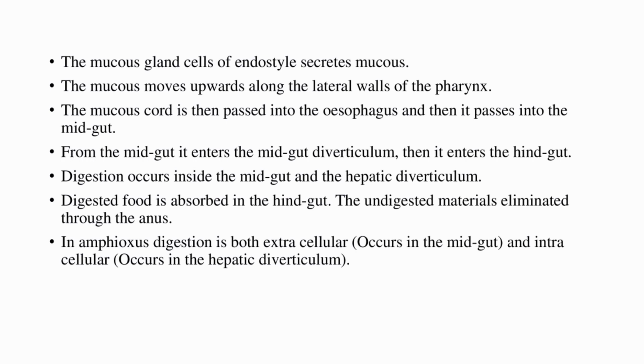Digestion occurs inside the midgut and the hepatic diverticulum. Digested food is absorbed in the hindgut. The undigested material is eliminated through the anus. In Amphioxus, digestion is both extracellular, which occurs in the midgut, and intracellular, which occurs in the hepatic diverticulum.